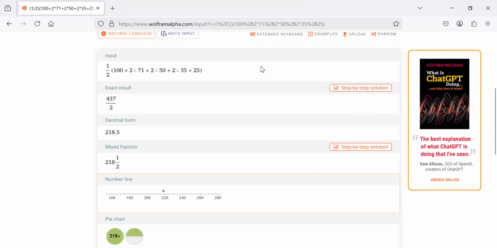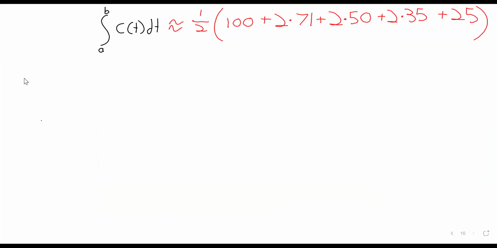The units are a little weird here. I don't have them in my notes, but we can figure it out. This 100 and this 71 and so forth are all milligrams per liter.